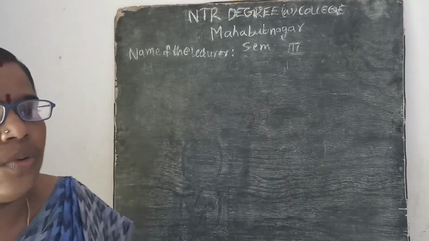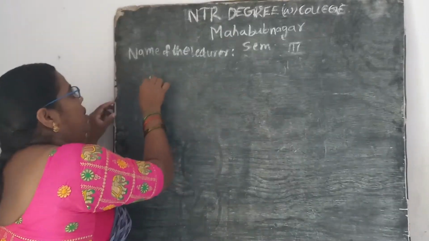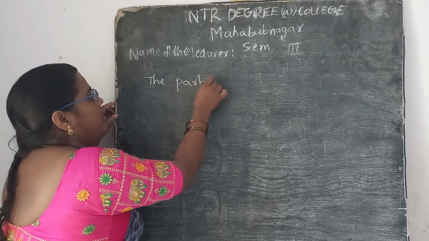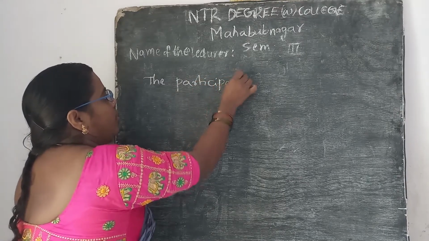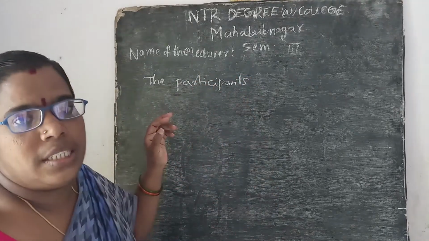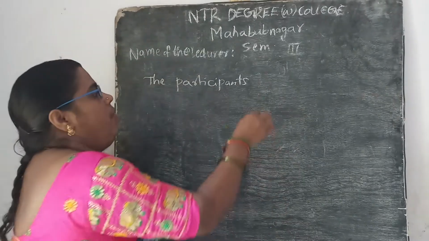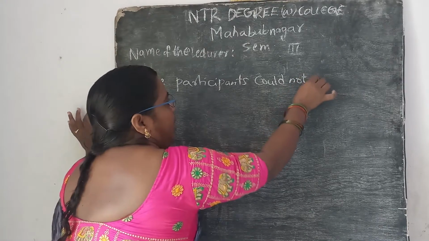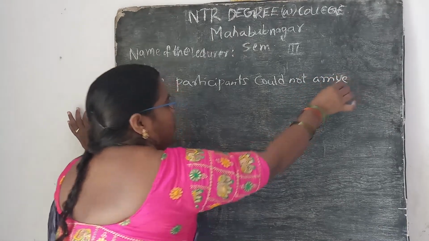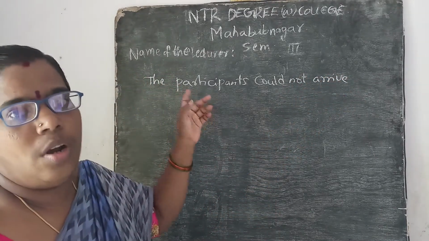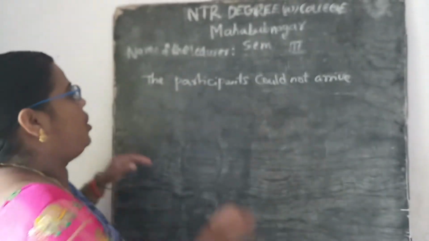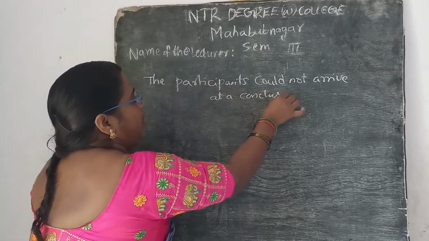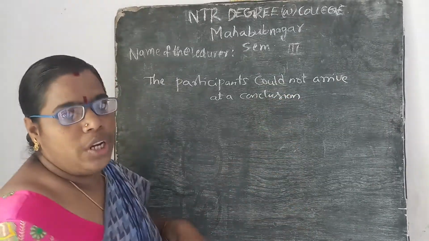With one example you can see: the participants could not arrive at a conclusion on anything.